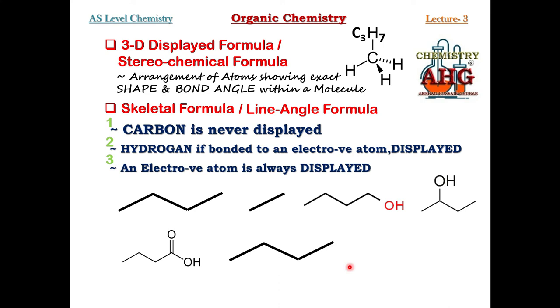But if at any position you make a double covalent bond, it will become the skeletal formula for an alkene. So this is how a double covalent bond can be represented, and the skeletal formula becomes alkene from alkane. So this is how you can give the skeletal formula for an alkene.